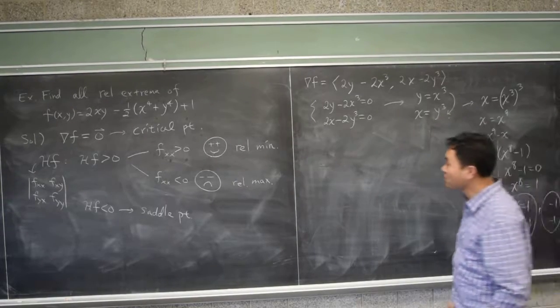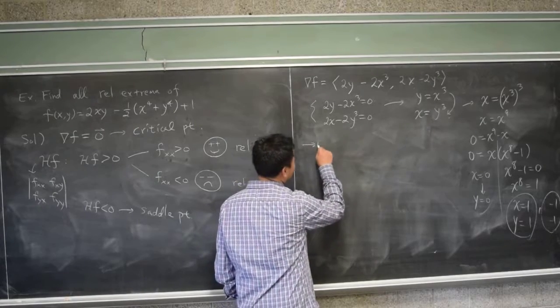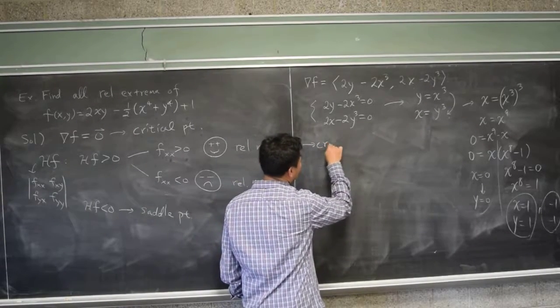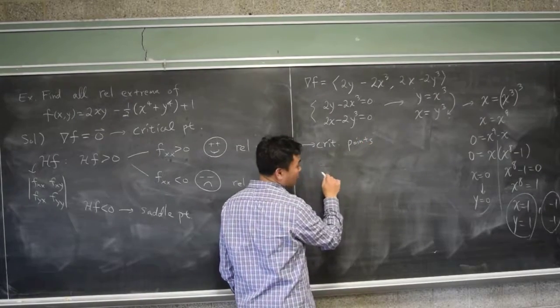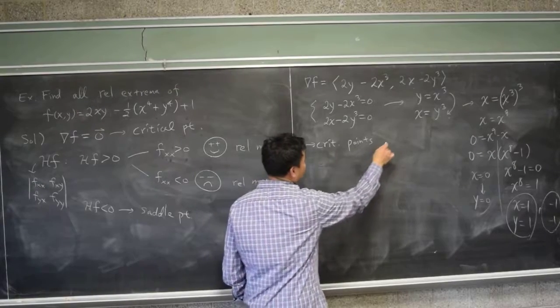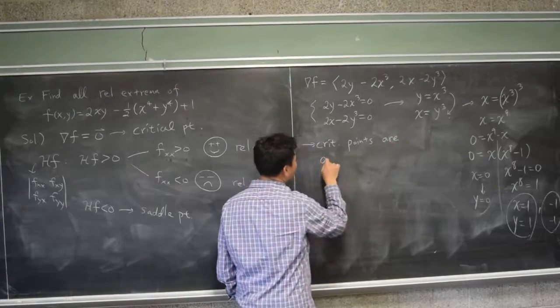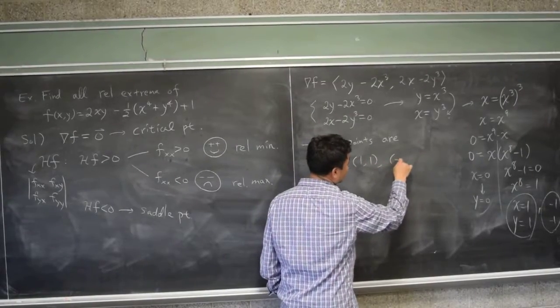All right, that was a little tough, but we managed to find it. So what are the critical points? They are (0, 0). When x is 0, y is 0. So we have (0, 0), (1, 1), and (negative 1, negative 1).